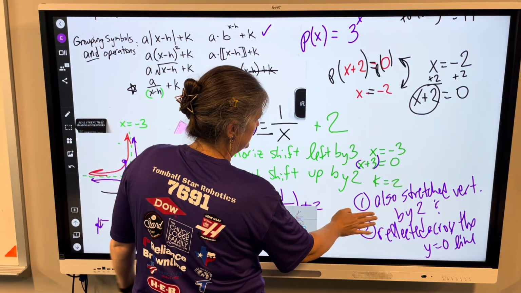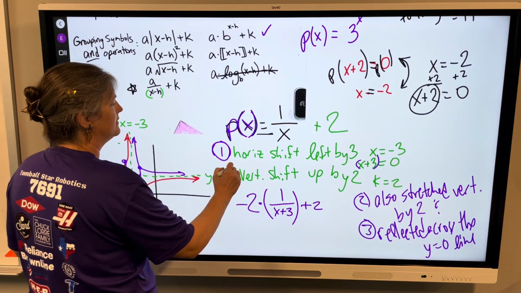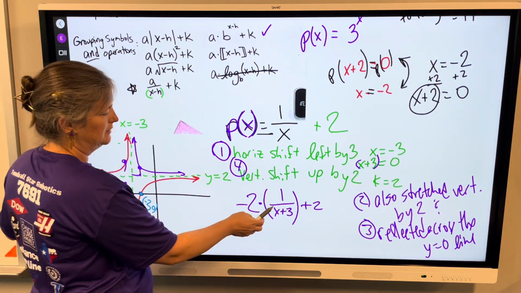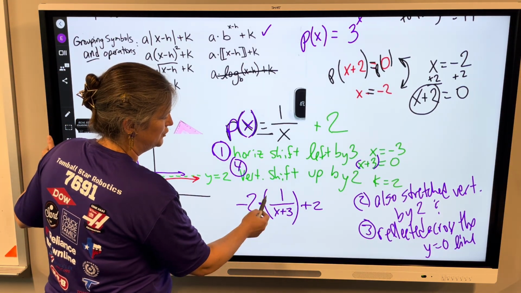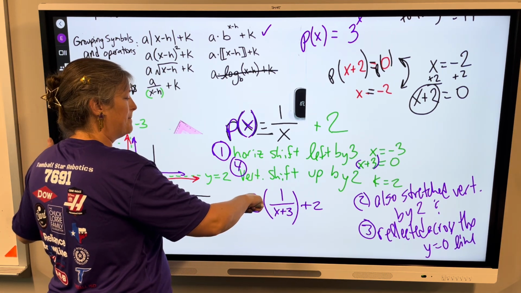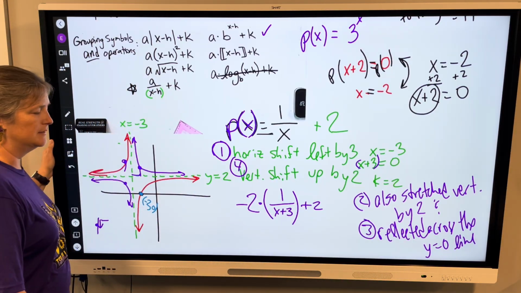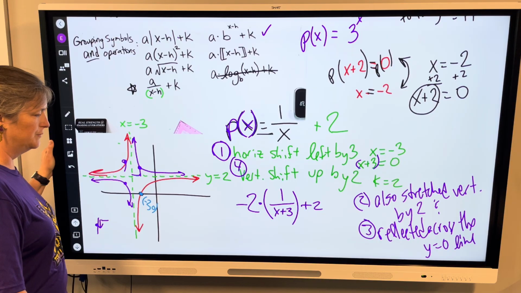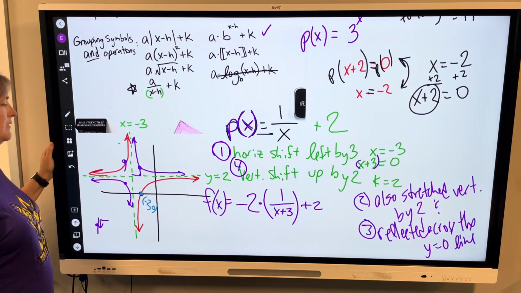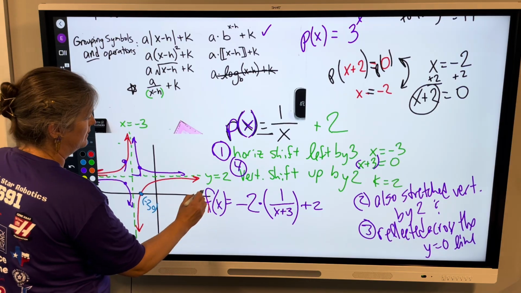But 2 is this one, 3, okay, 2, 3, and then this last one is the vertical shift up by 2 because again, PEMDAS, P, do this, also in parentheses, M for multiply by negative 2, and then A for add the 2, PEMDAS, when we're plugging it in. So this is my function.